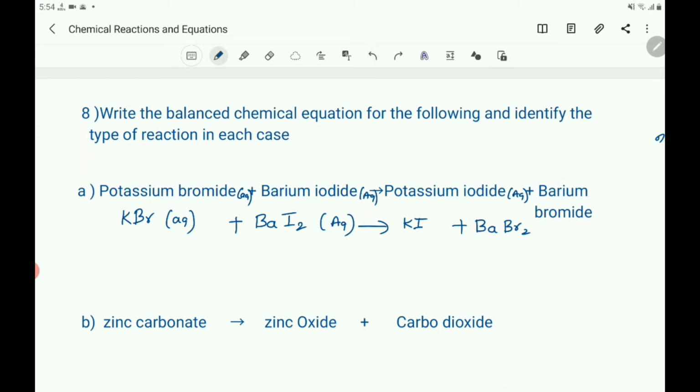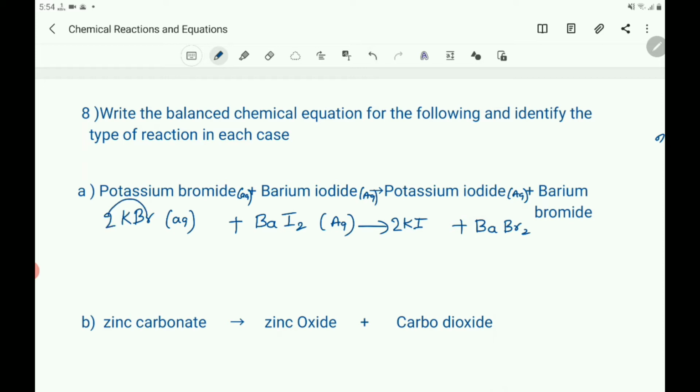Now you check whether it is balanced or not. If it is not balanced, we have to balance it. And see here, I2 is there on the reactant side, so you write 2KI, and potassium becomes 2 here. Here only one potassium atom is there, so here also you write 2KBr.